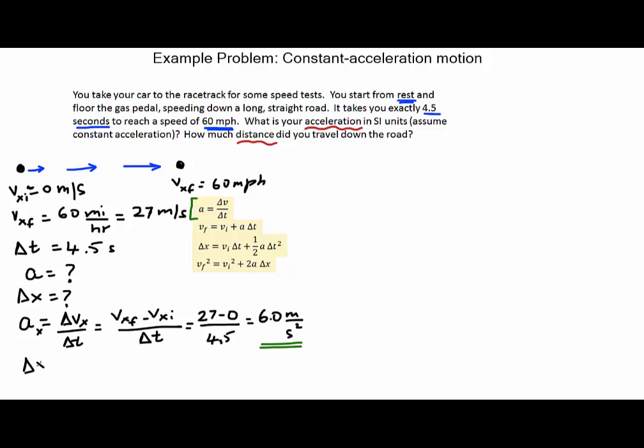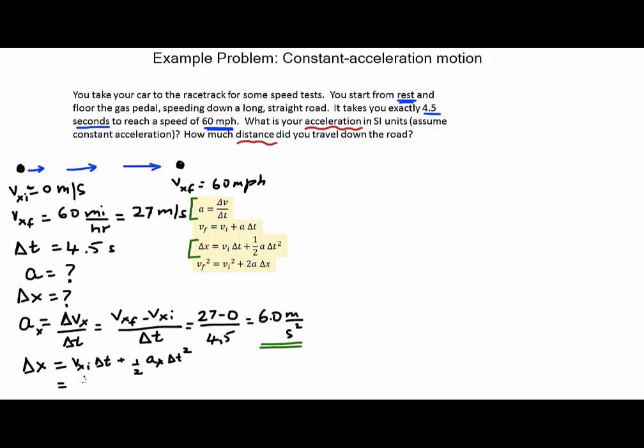I want to get delta x, or displacement, which is given in a straightforward way by this equation over here. So now I can put in Vxi times delta t plus 1/2 ax times delta t squared.